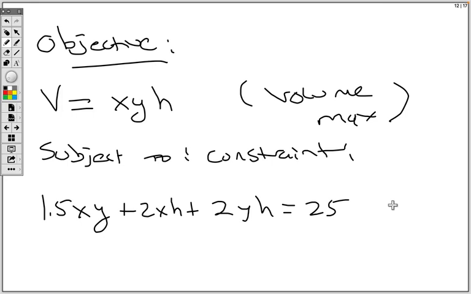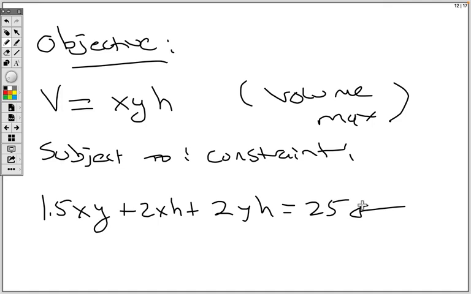Now, for the stuff we've been working on, we need functions of just 2 variables. This is a function of 3 variables. So what we can do is use this constraint to help us solve for one of the variables in terms of the other 2.